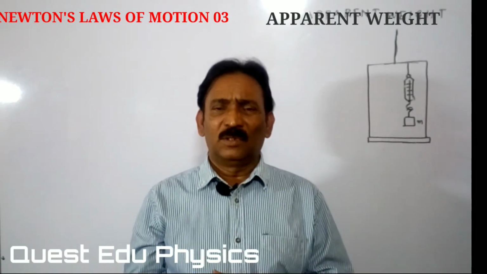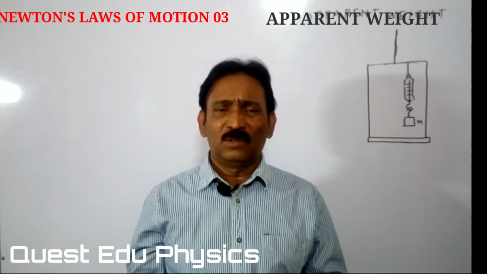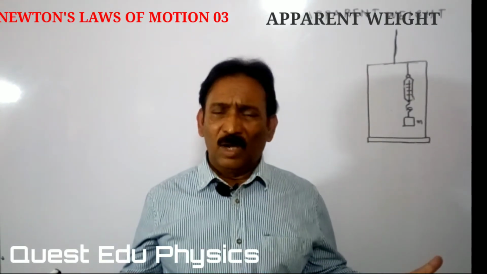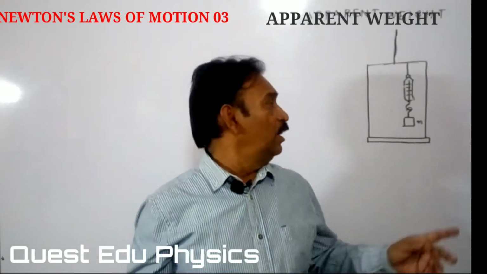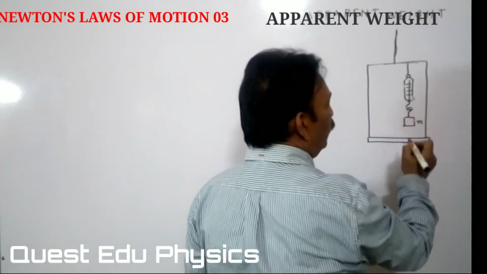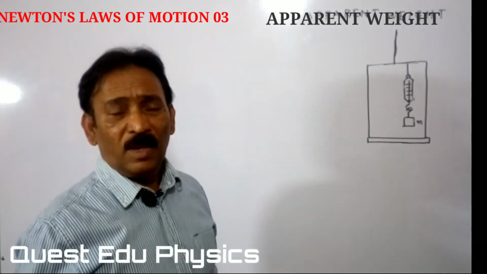Or it is a force, isn't it? The difference must be a force. The weight or the apparent weight are forces only. Here, when it is resting, the weight is balanced with the normal reaction. So the apparent weight is equal to 0.